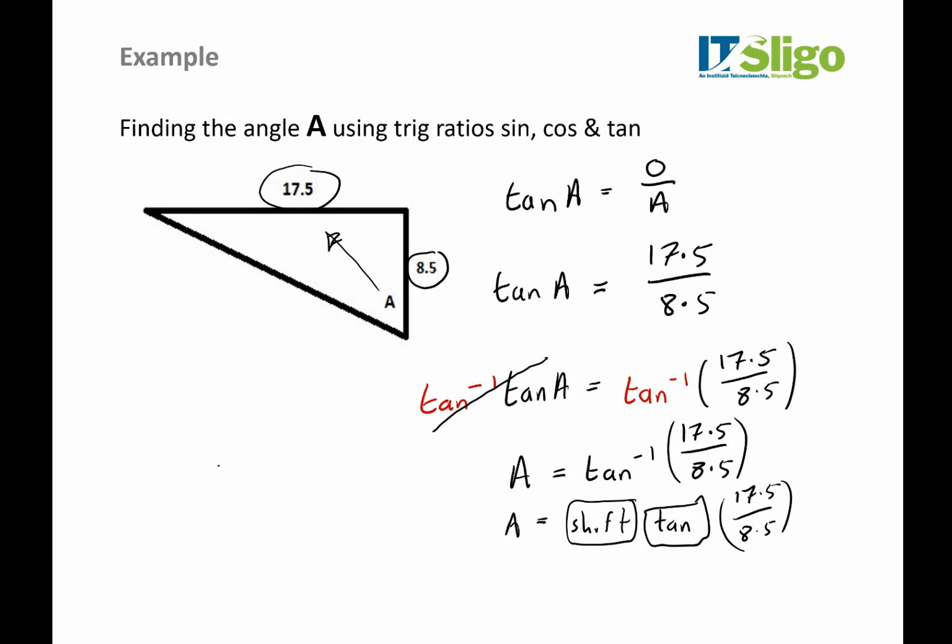So now when we get our calculator, shift tan, this gives us A is 64 degrees.